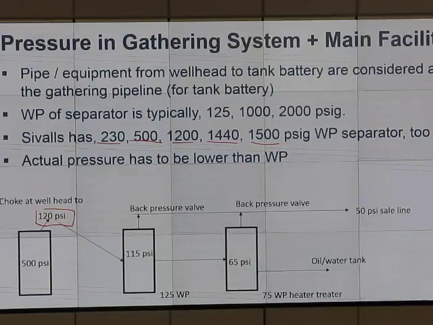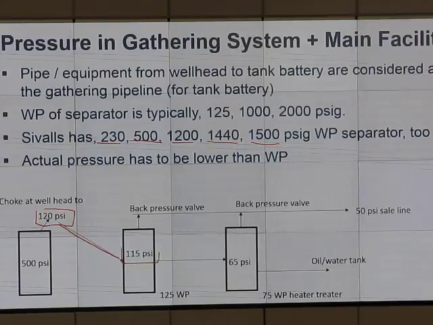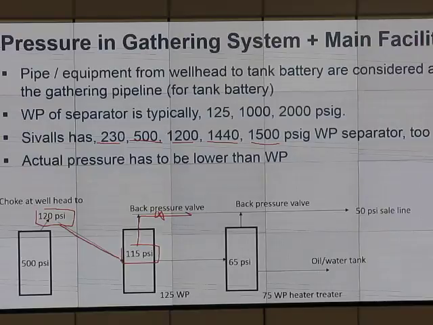At a certain distance, when it flows, there will be some pressure drop, so it may go from 120 to 115 psi. When it is 115 psi, you have a back pressure valve set at maybe 115. So if it is above 115, gas can come out. If it is below, it's accumulating here, right?